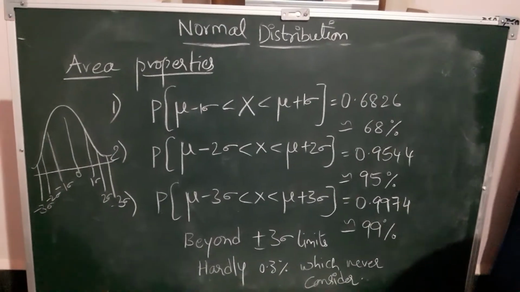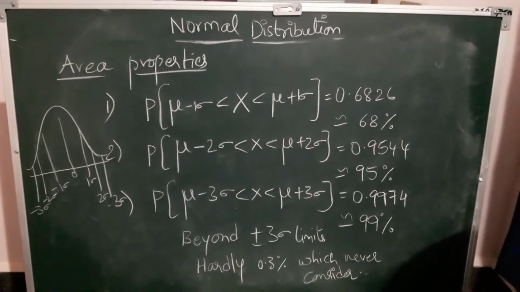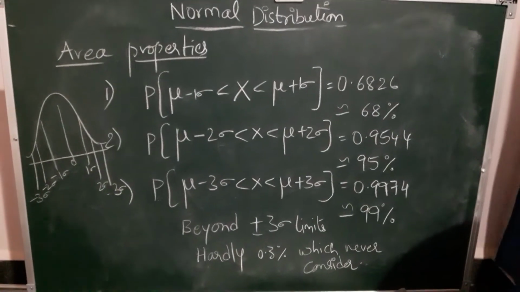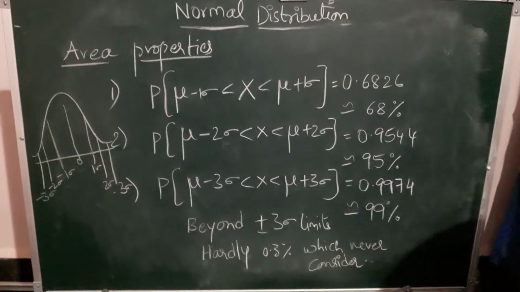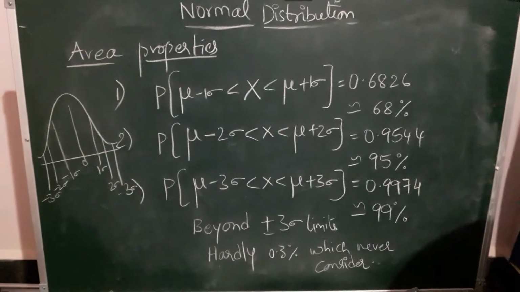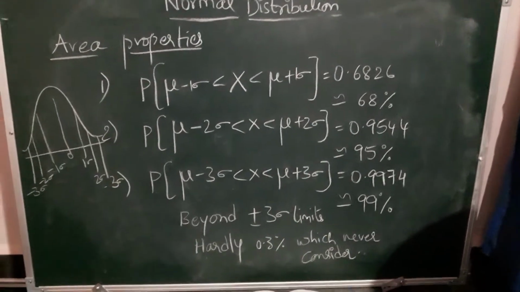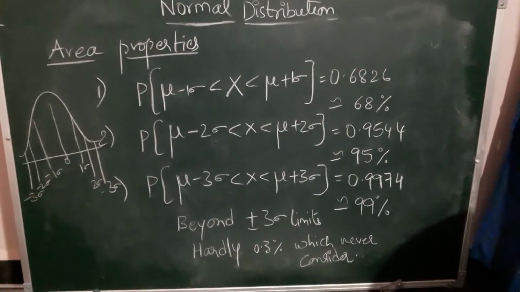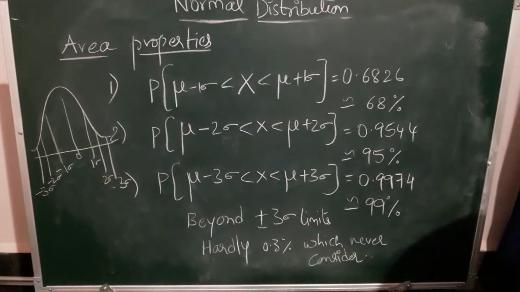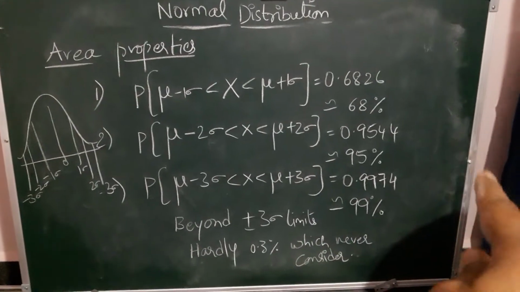Beyond plus or minus 3 sigma limits, hardly 0.3% remains, which we need not bother about, because 99.7% is in the sense 100% only. So the total area under the normal curve, 0.9974, approximately.